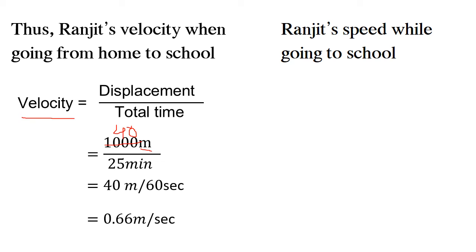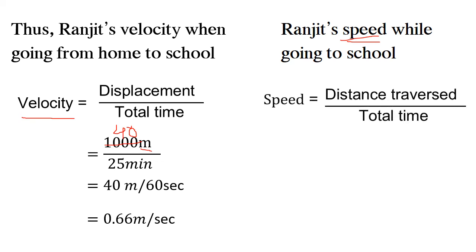Okay, now let's calculate the speed, Ranjit's speed while going to school. So speed will be equal to distance traversed upon total time. Now in total he has traversed 1500 meter distance.